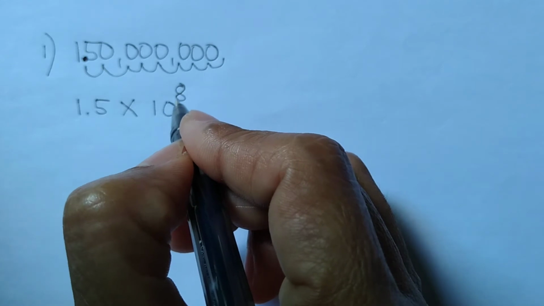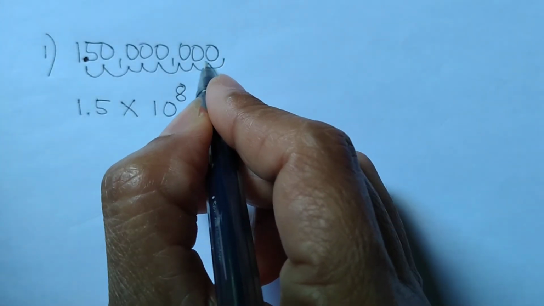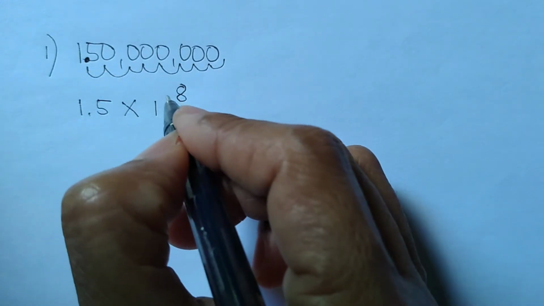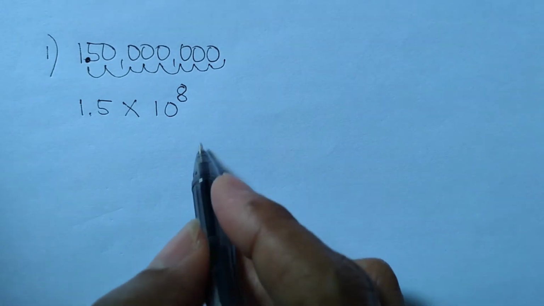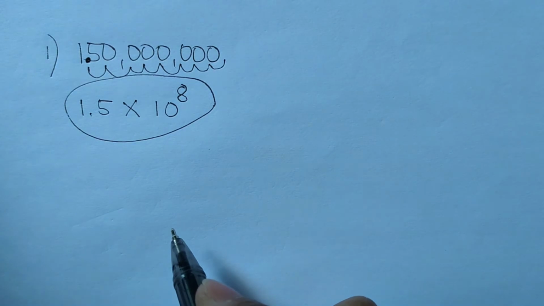That is positive since moving our decimal point to the left indicates a positive exponent. So this is our answer. That's so easy.